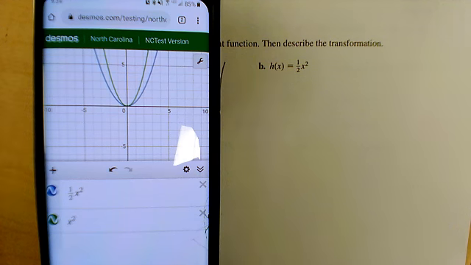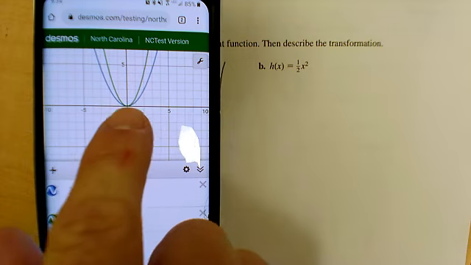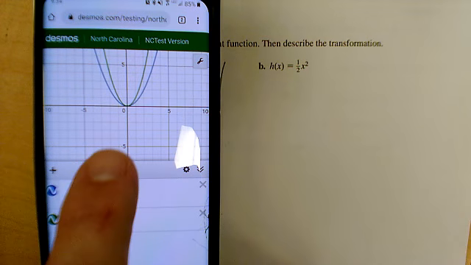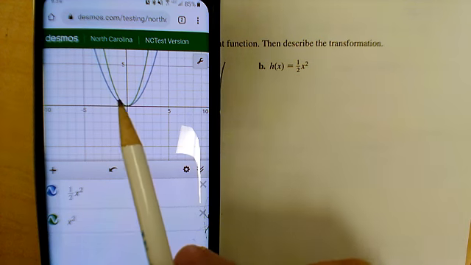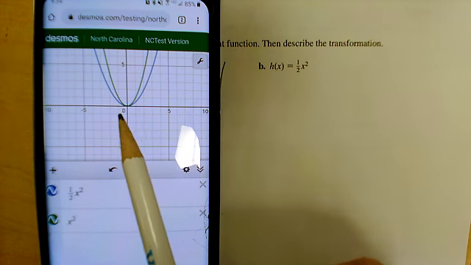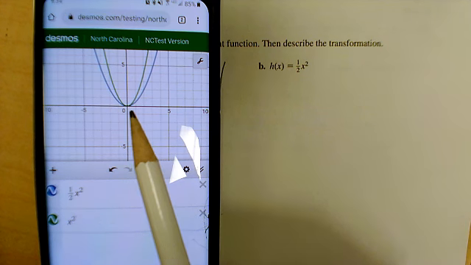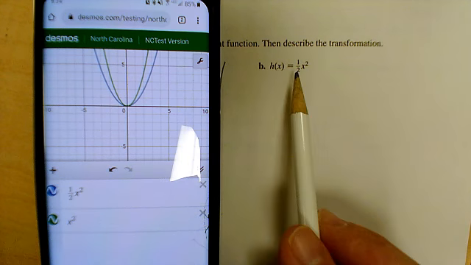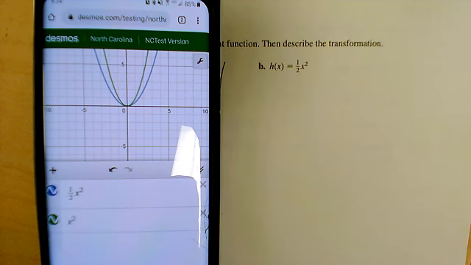So what's going to happen on this next one, y equals 1/2 x squared, well, h of x. So I've already thrown that in, that's the blue graph. The green graph represents x squared, the parent graph. And what I'm going to say here is that it's again not been moved left, right, up, or down. It's actually been compressed vertically. And the reason why I'm going to say compressed is because the a value is less than 1. So if your a value is less than 1, it's been compressed.